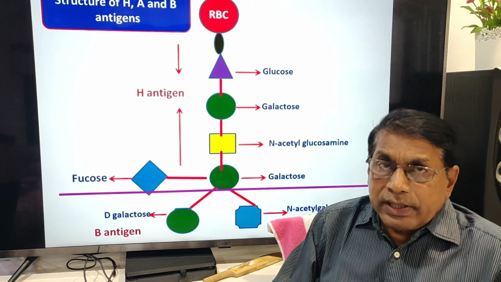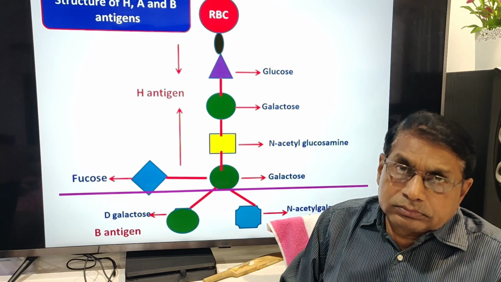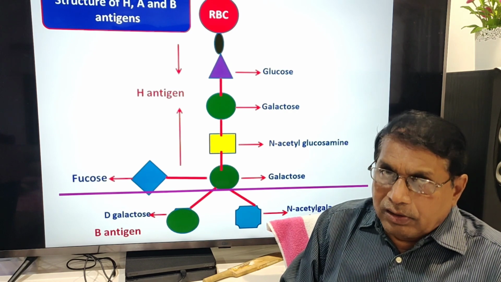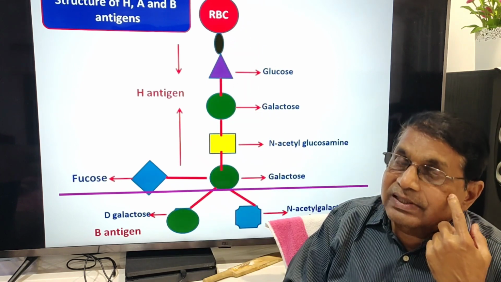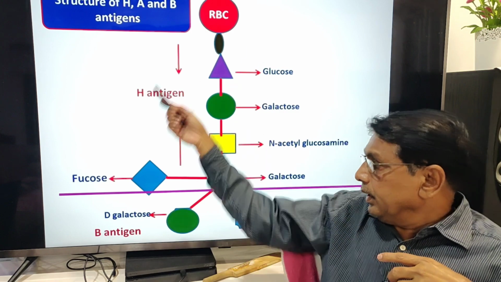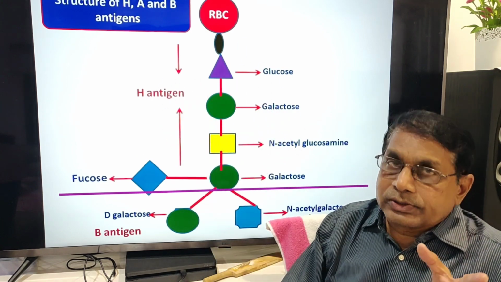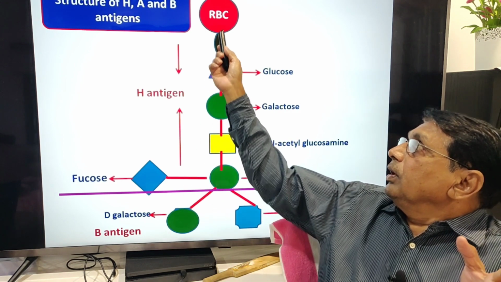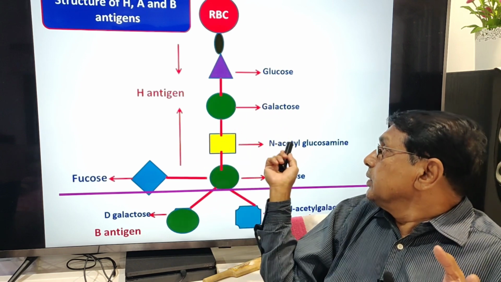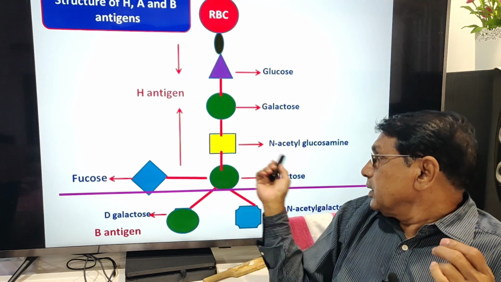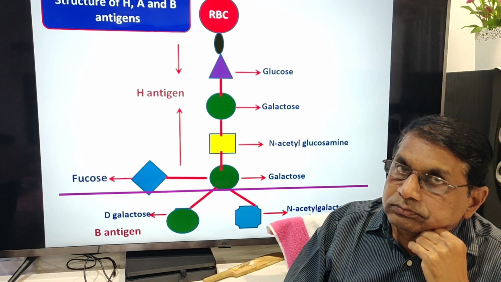Then let us see what the antigen structure is. Diagrammatically, it is very much enlarged. On the surface of the RBC, red blood corpuscles, the antigen is present, enlarged to show the details. Attached to the surface are glucose, galactose, N-acetyl glucosamine, galactose, and fucose.